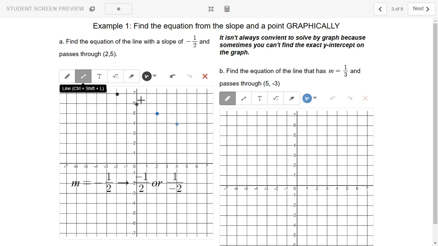So we've got a good set of dots. Let's draw a line through these. So I've got this line.